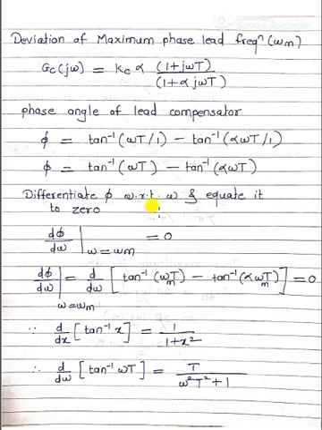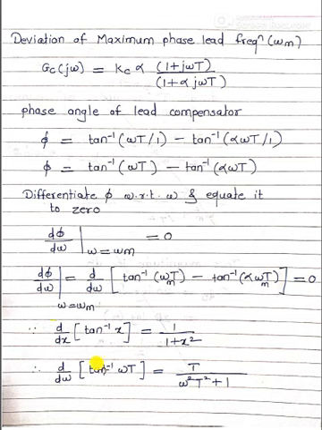Now differentiate this phi with respect to omega and equate it to 0. So d phi upon d omega at omega equal to omega m is 0. As the phi equation is already known, we differentiate d upon d omega of tan inverse omega m T minus tan inverse alpha omega m T, where everywhere we are changing omega to omega m, and equate it to 0.